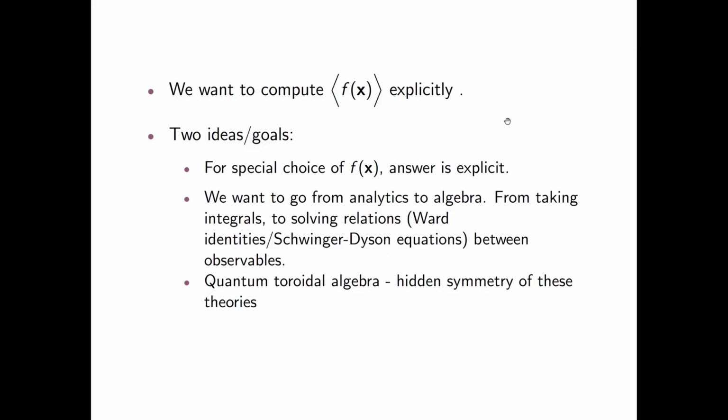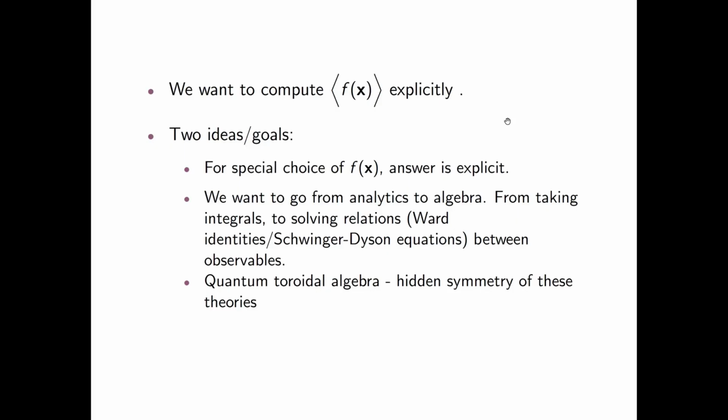So it's shown to be the symmetry algebra behind the HT correspondence, for example. Philosophically, what we'll see is a manifestation of that on an explicit level. So we'll compute the expectation values exactly, not just in integral form, but we'll get an explicit formula, and we'll see that the quantum toroidal algebra is the symmetry that is responsible for us having this answer.